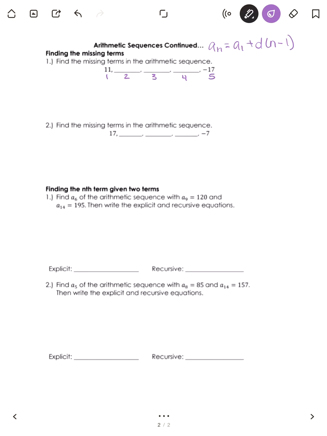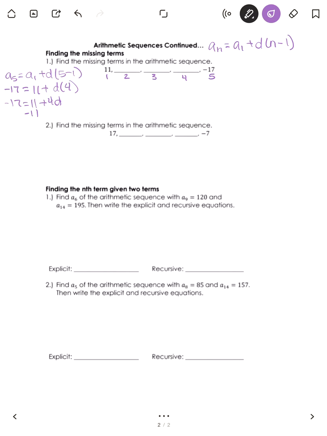So we know we're going to use a sub 5 because n's going to be 5. We know our first term. We're going to find our common difference, and n is going to be 5, so minus 1. So a sub 5 equals a negative 17 equals 11 plus d times 4. Negative 17 equals 11 plus 4d.